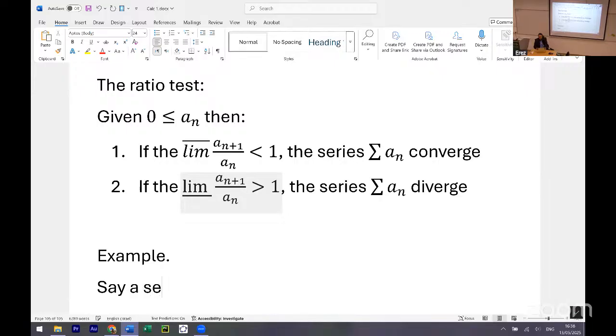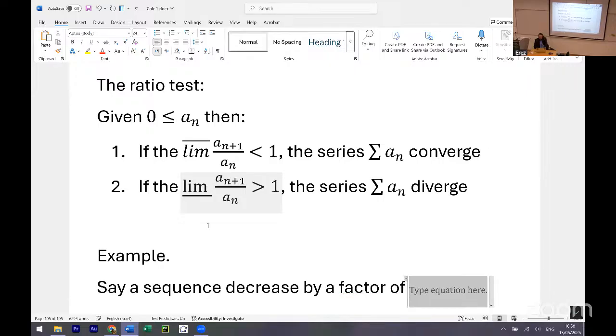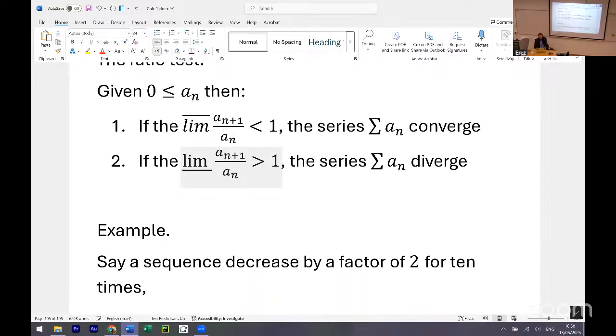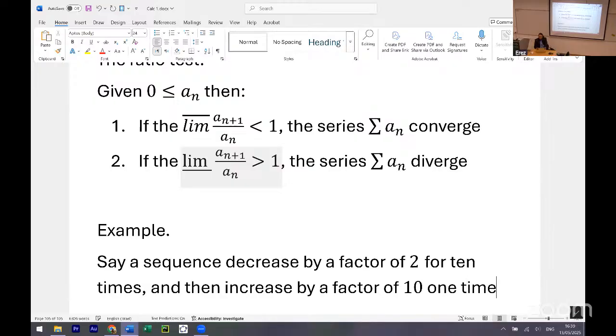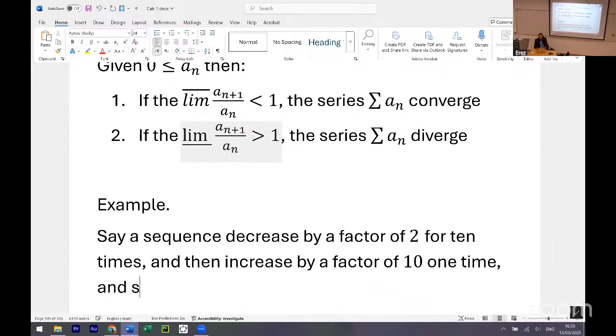Say a sequence decreases by a factor of 2 for every 10 times, and then increases by a factor of 10 one time, and so forth.